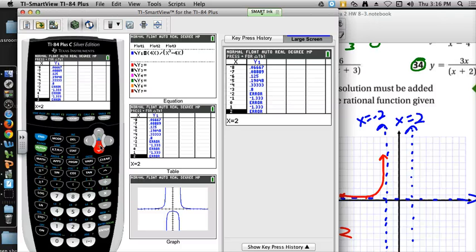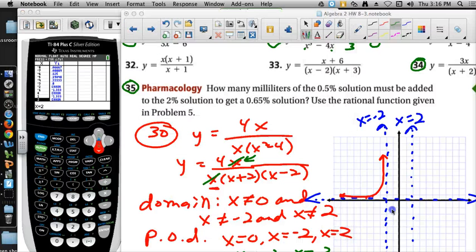So at -2 we see our error, and then at -1 we have -1 1/3. And then we see at 1 we have -1 1/3.